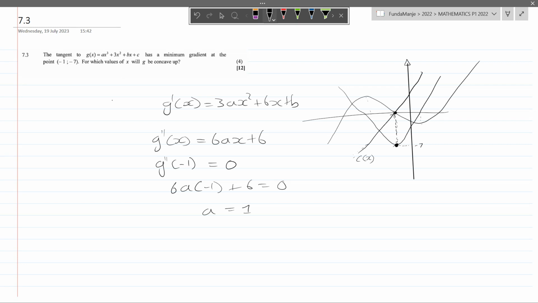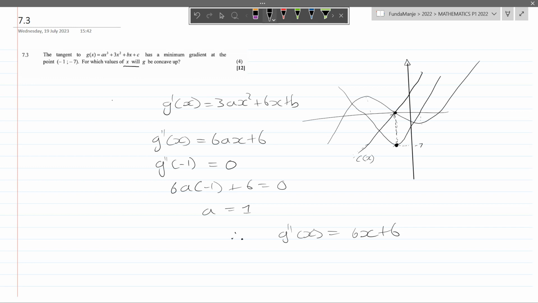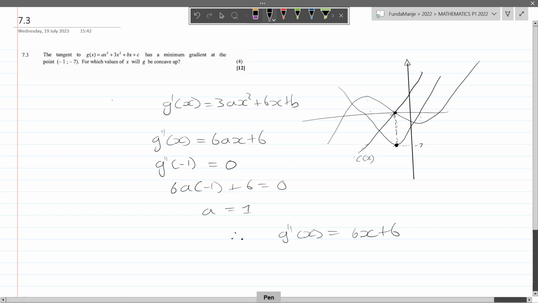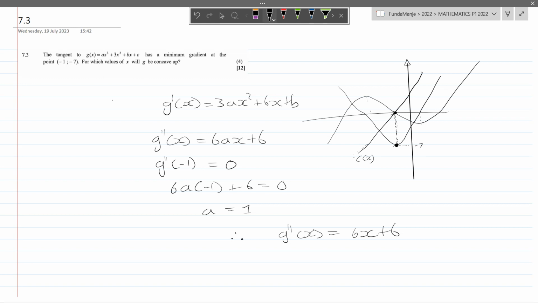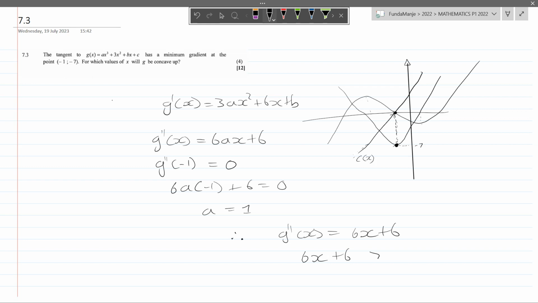Then you can say, therefore, the second derivative is equal to, since a is 1, 6x plus 6. And since we're looking for the values for which g is concave up, then you can substitute and say 6x plus 6, I want the values of x for which this is greater than 0.